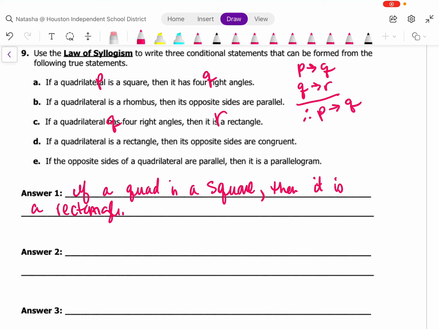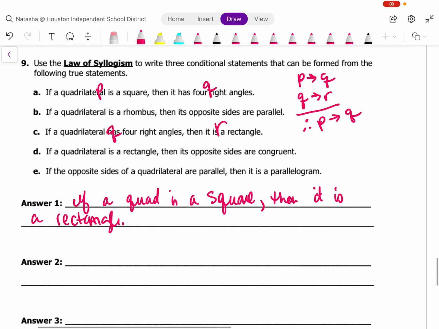Number 2. All right. So we've got, we could also write as a conclusion.